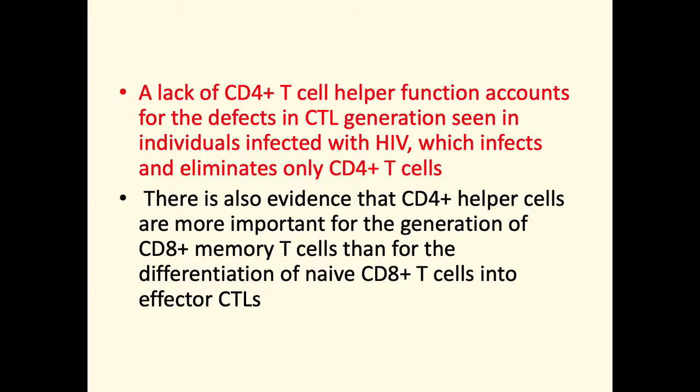AIDS develops after several years of infection, and AIDS means there are less than 200 CD4 T cells. This is a problem because those CD4 T cells help activation of CD8 T cells, and CD8 T cells eliminate tumor cells, so we will have increased proliferation of tumor cells.